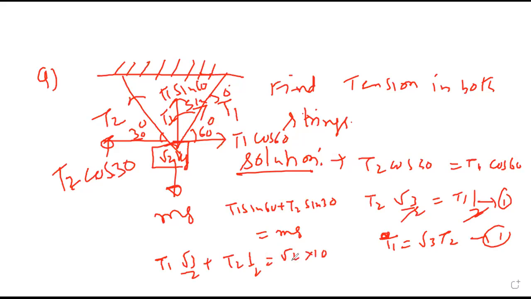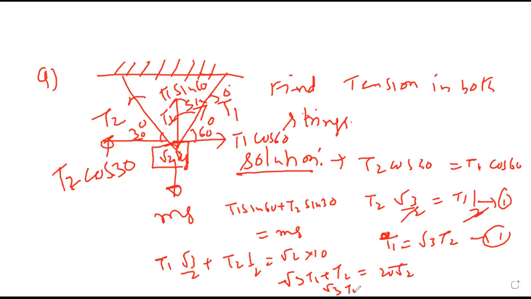So this will become root 3 times T1 plus T2 is equal to 20 root 2. Then if you substitute, I think you will get the required answer. Should I solve or you got now?